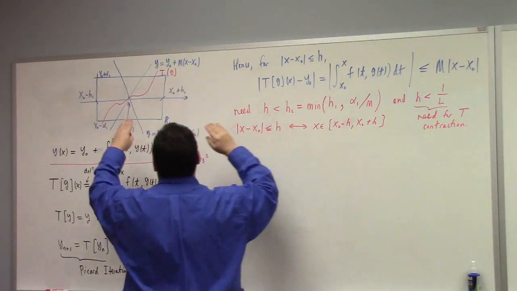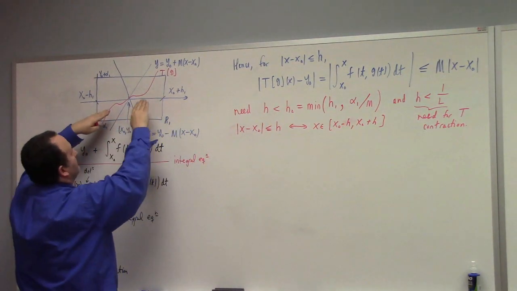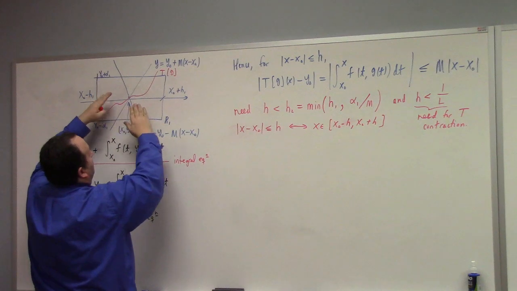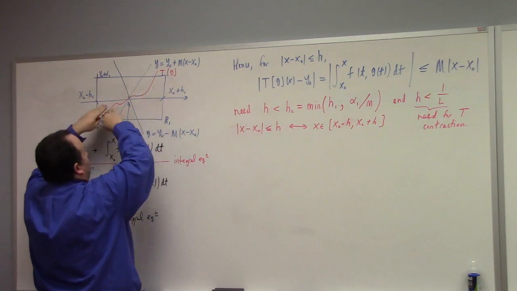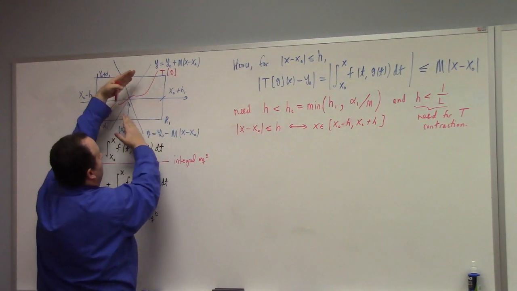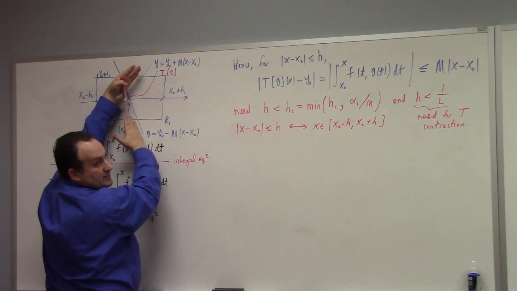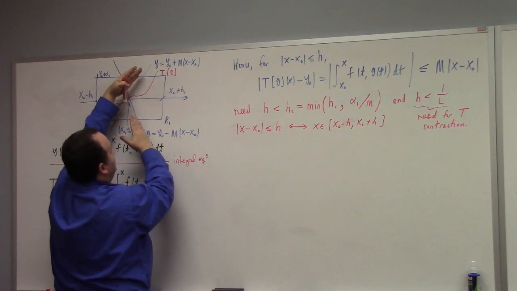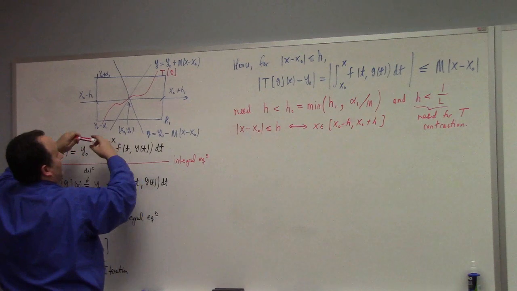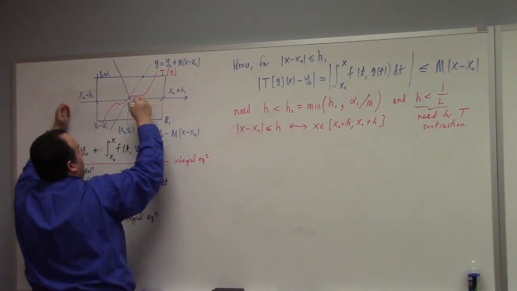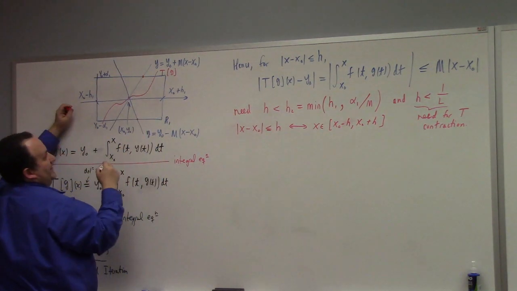Alpha 1 over M. We know that the T of G is stuck between these two lines, right? So where do those two lines cross? Where is that?